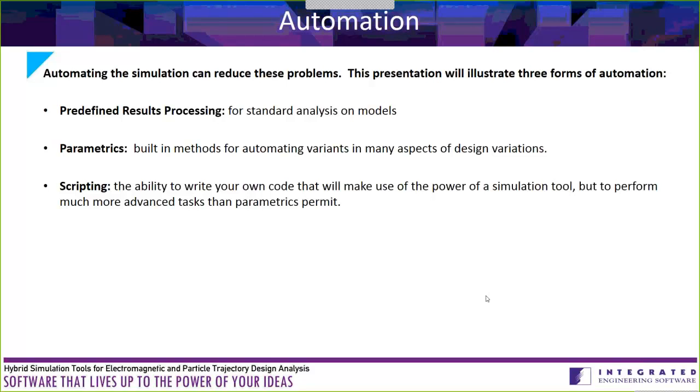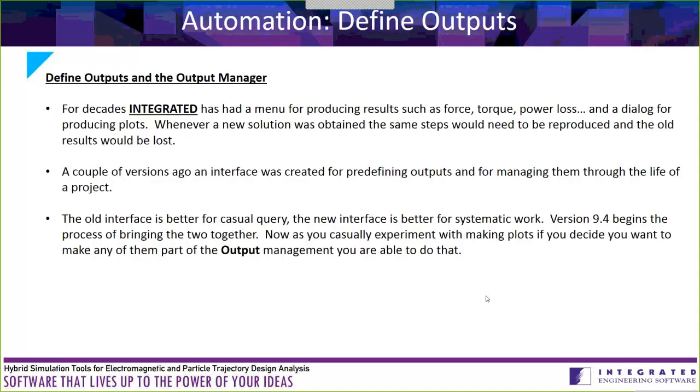Our long-standing method of parametrics and our relatively newer method of scripting are two ways of automating in a much broader sense. And as I discuss those, I'll be coming back to the predefined because that kind of is a basis for all kinds of things that you can be doing right now.